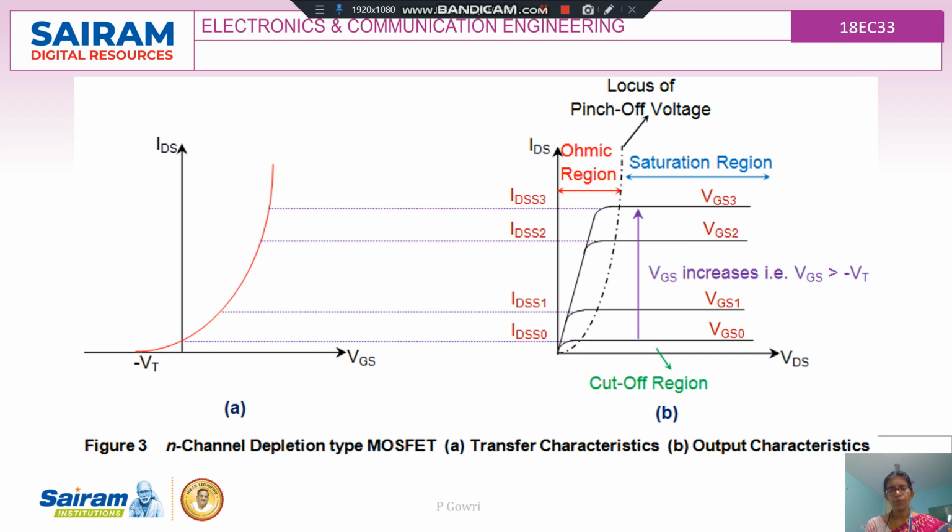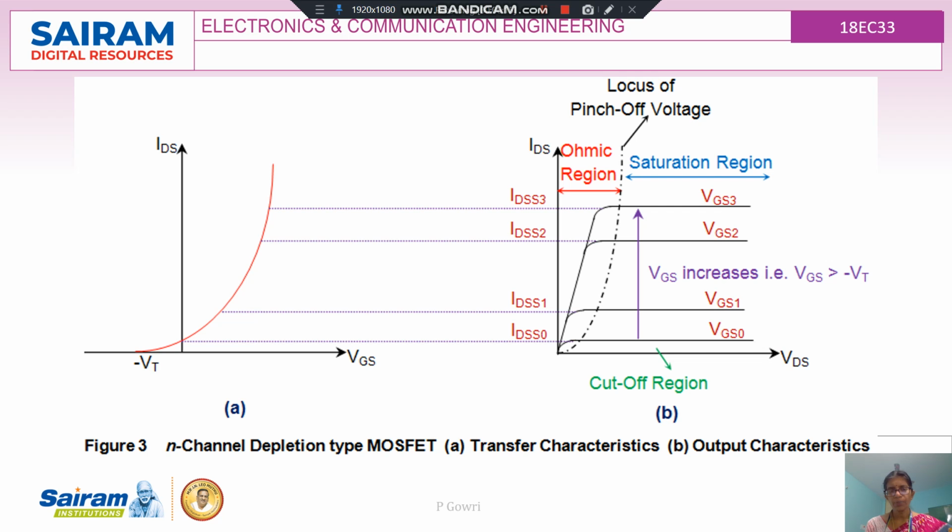Similarly, for the depletion type MOSFET, we assume that the channel is formed even for a negative voltage, and hence the applied positive voltage for the N channel depletion MOSFET will enhance the channel property, and because of that the VT value starts from the negative side.